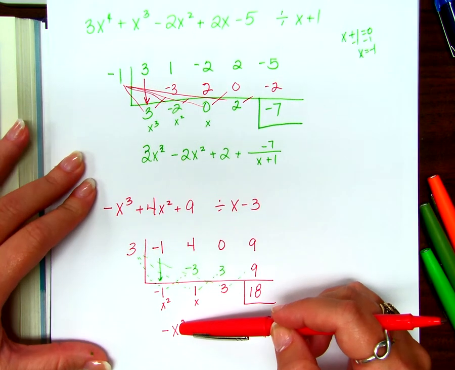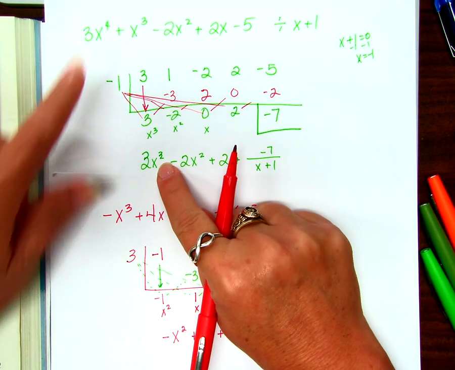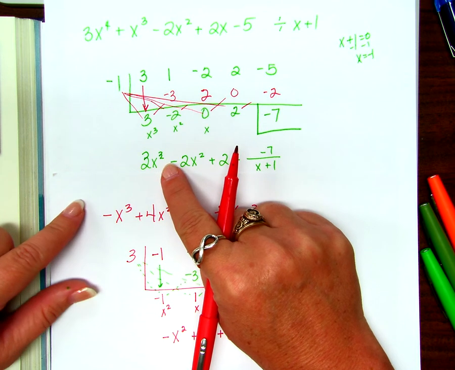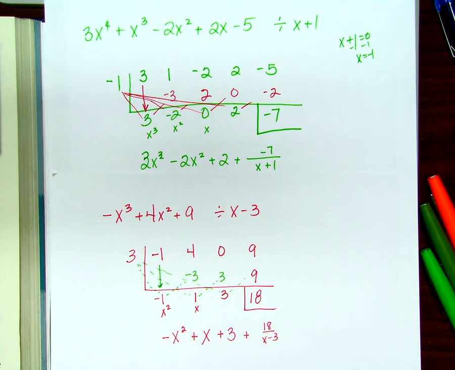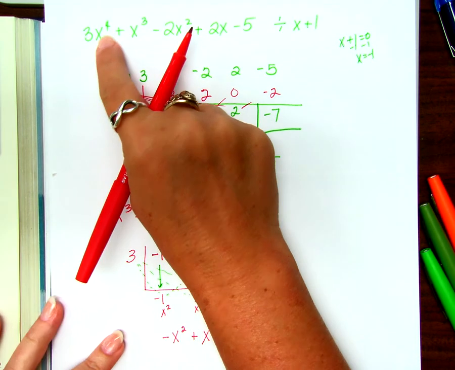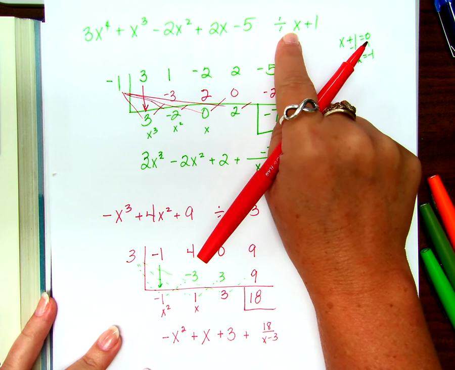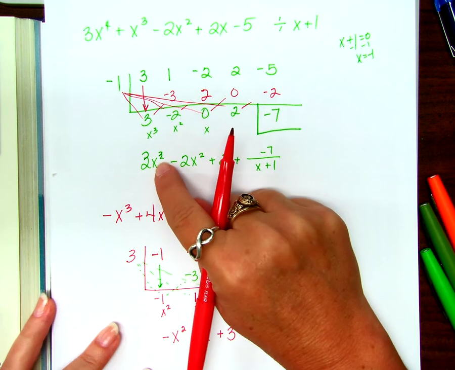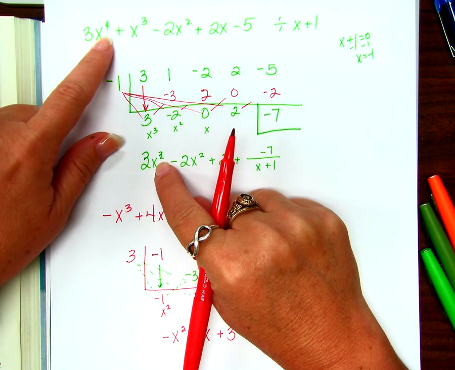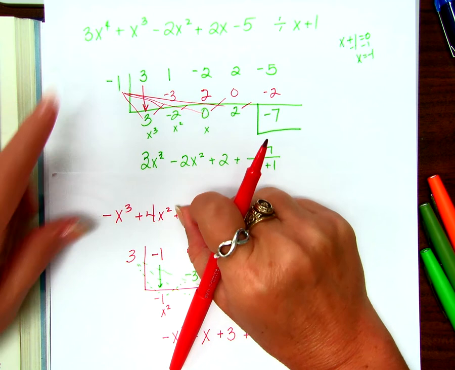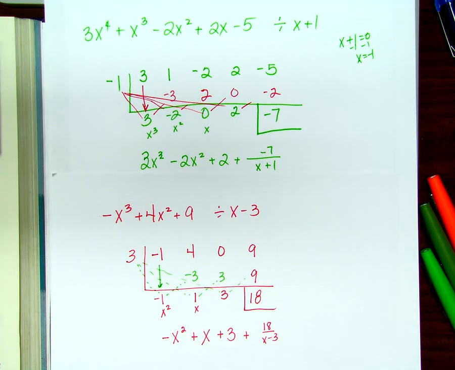Is the answer going to always be one exponent less than the problem? And I said, I have a tear running down my face because I'm so proud that you saw that. Does it make sense that if we start with an x to the 4th and I'm dividing by an x, then my answer will be one exponent less than the problem I started with? So, that's something to keep in mind.